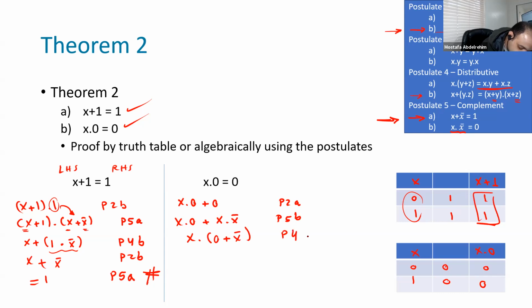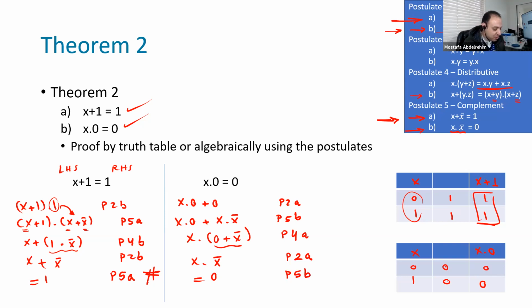Postulate 4a. Then 0 or anything will give you the same thing, postulate 2a. So this will give us x bar, so x dot x bar. Postulate 2a. And finally, anything ANDed with its complement will give you 0. So x dot x bar here from postulate 5b is 0. So this is equal to 0 from postulate 5b.